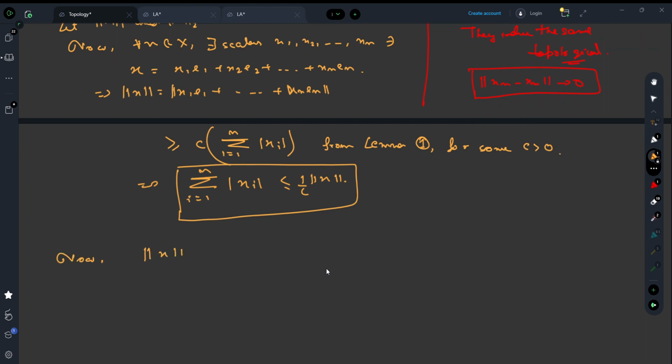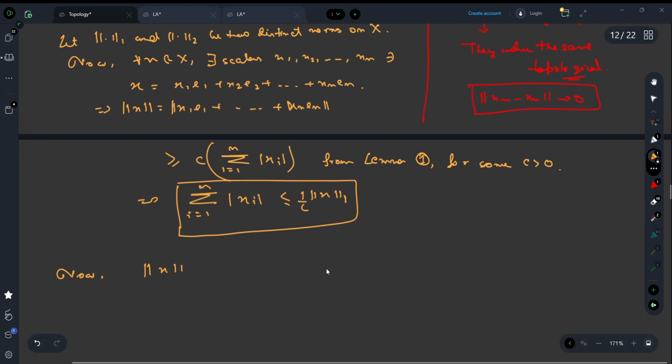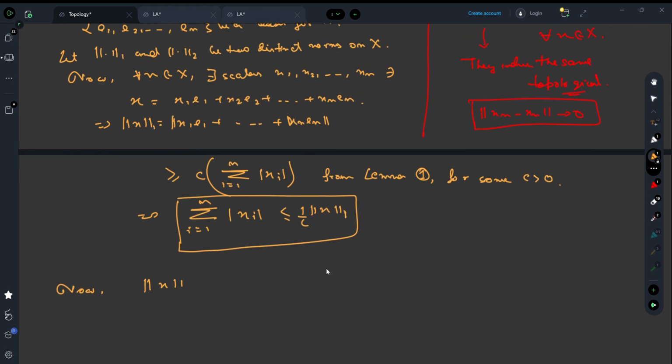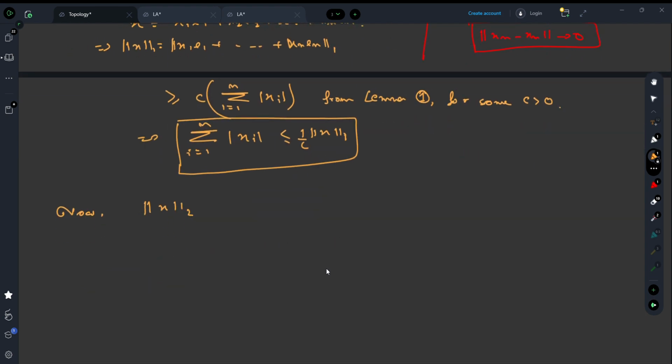Okay. Now, what is norm 2 of x? I am using here the first norm, the one norm. Now, what can we say about the two norm of x? This is again x1 e1 and so on till xn en.